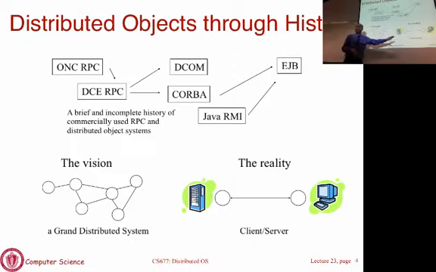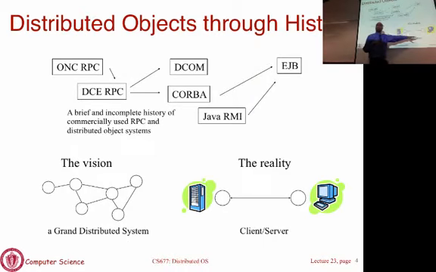And here is basically what has happened. Many of these early middleware were designed with this kind of vision in mind, saying there will be all these objects, running on all these machines, they will all talk to one another and build some grand application on top. And they were designed with that idea in mind, which is why they were very complex, because you can have very complicated interactions.